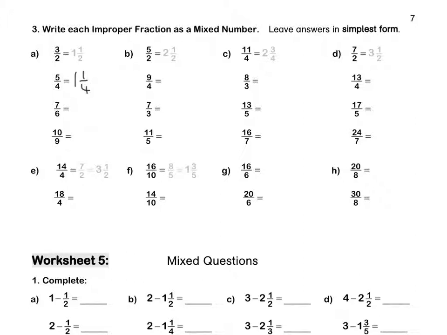Again, we can simplify before we change it into a mixed number. 16 divided by 2 is 8. 10 divided by 2 is 5. 8 divided by 5 is 1, remainder 3/5. Pause this video to complete question E, F, G, and H by yourself.